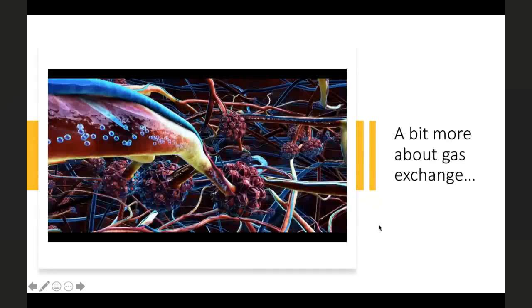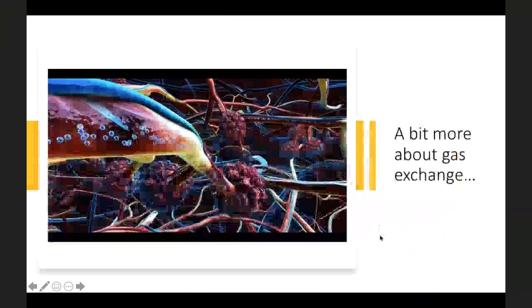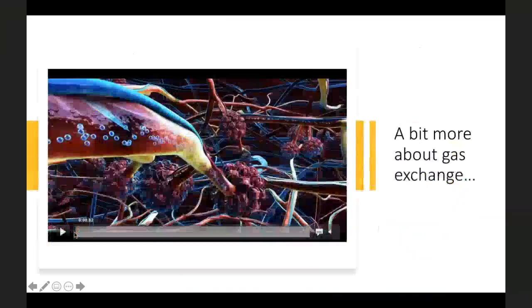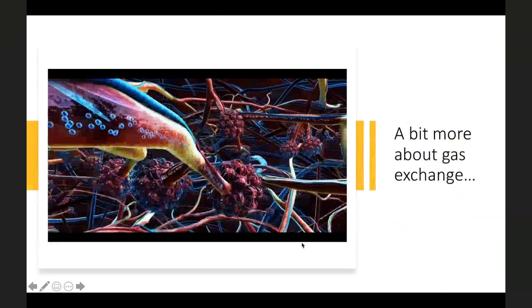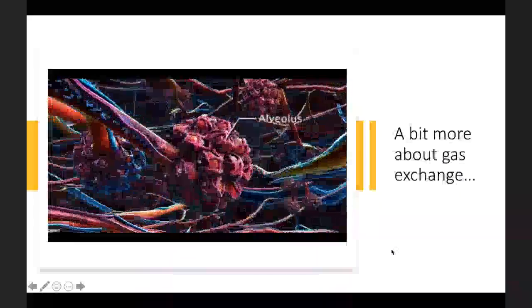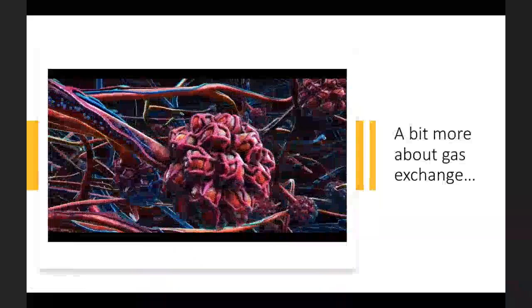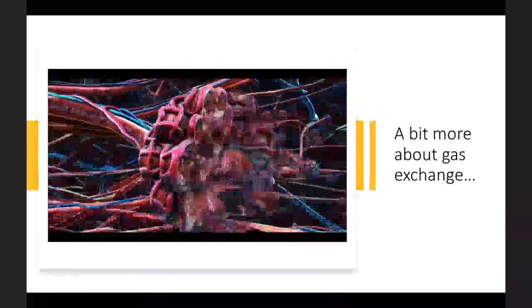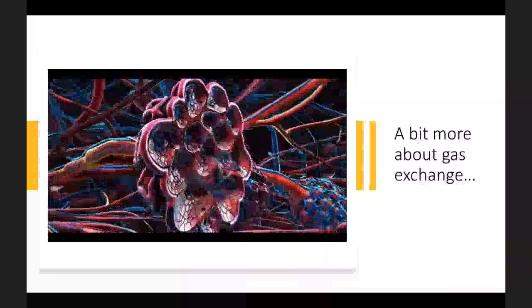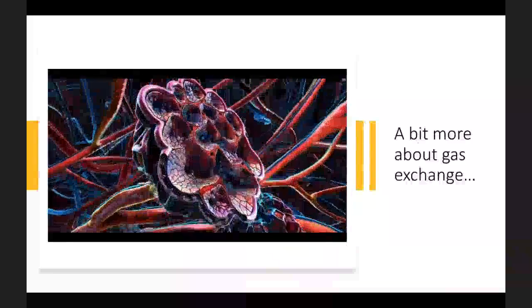When you inhale the gas mixture, the atmospheric air goes into the tracheobronchial tree, and then it goes to the alveolus, which is a conglomerate of sinus, which is profusely perfused by the alveolar capillaries.